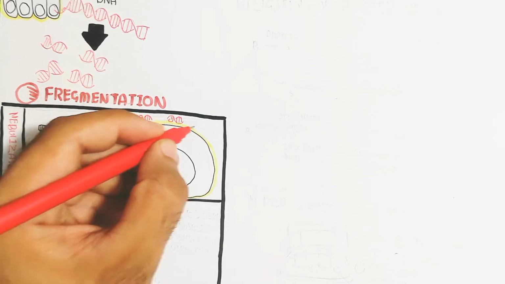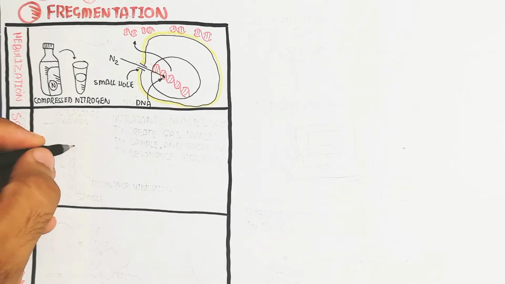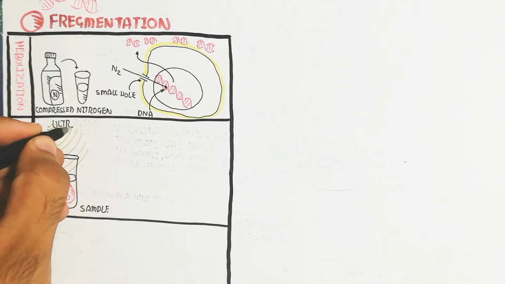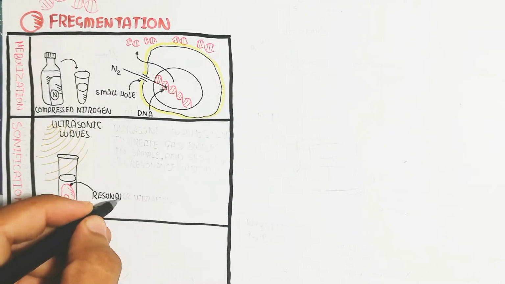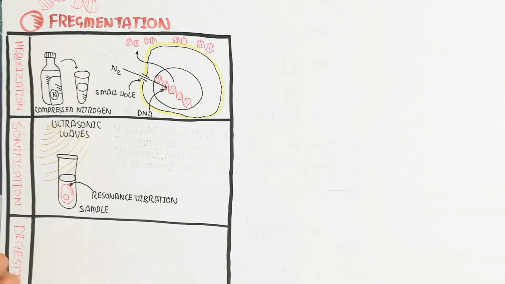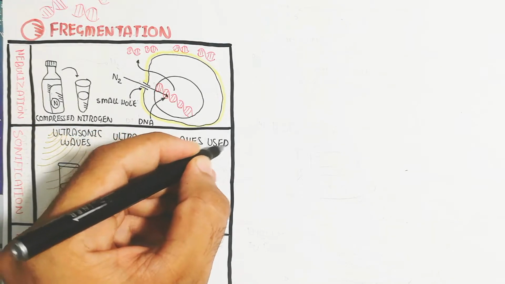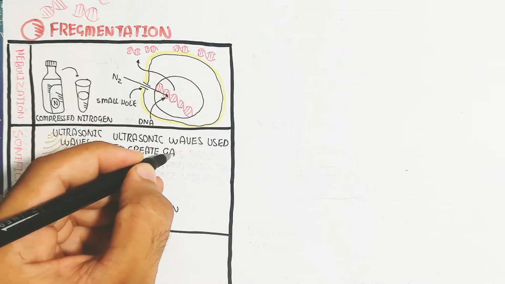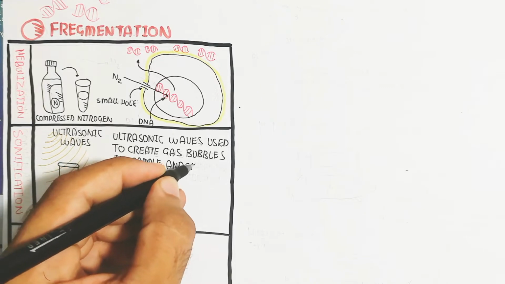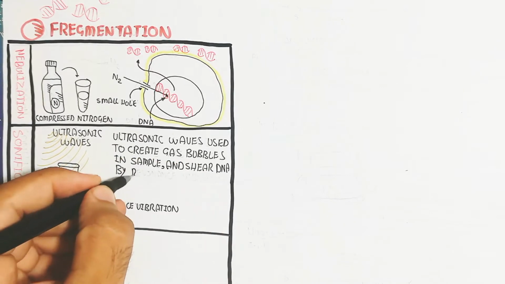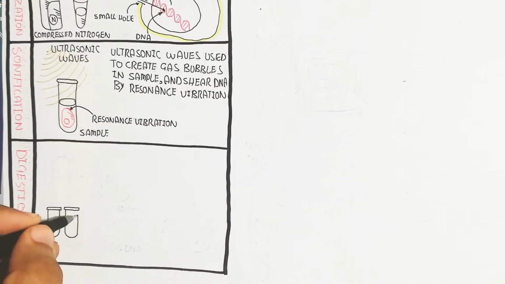Next, let's discuss sonication. Sonication means ultrasonic waves, sound waves, which create resonance vibration in the sample. The ultrasonic waves are used to create gas bubbles in the sample and shear DNA by resonance vibration, which leads to fragmentation.